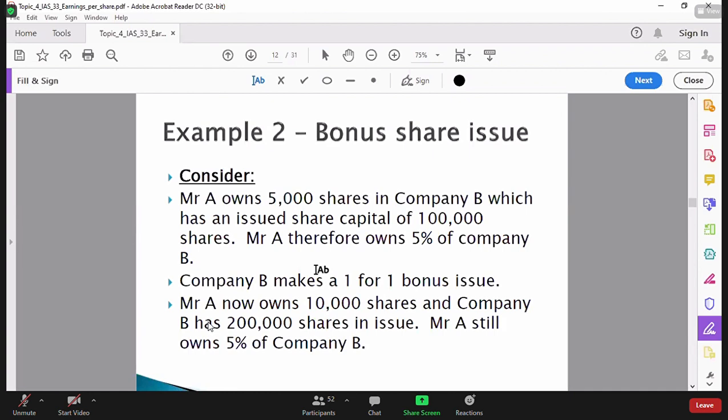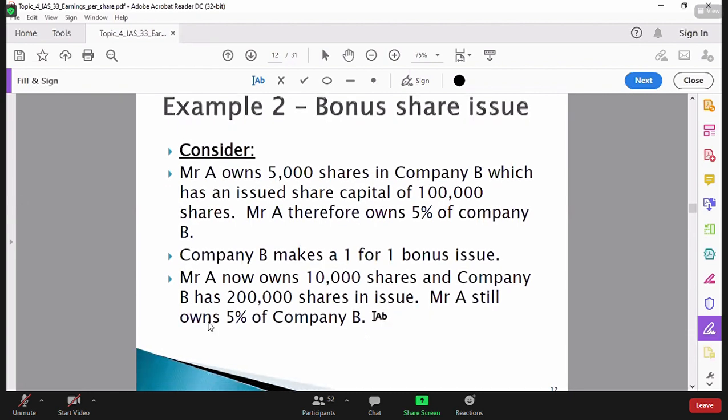But he benefits later if, let's say, a dividend is declared the next year. Usually the company issues a bonus issue because it does not want to pay dividends. But if next year it declares a dividend, it will be paid per share, so he will receive dividends based on the number of shares. Okay, class? Okay, madam.